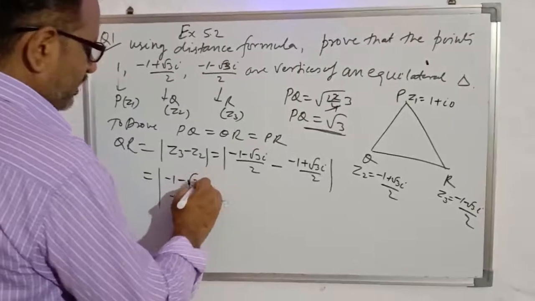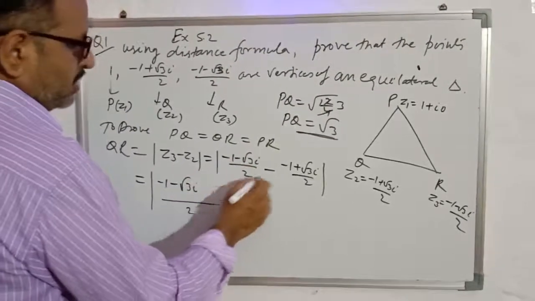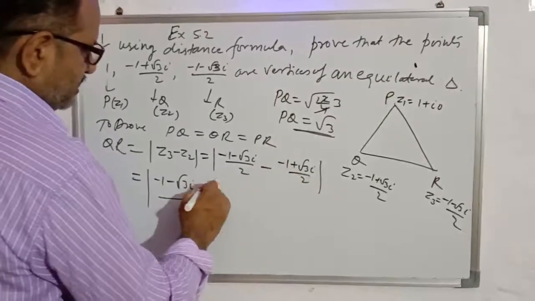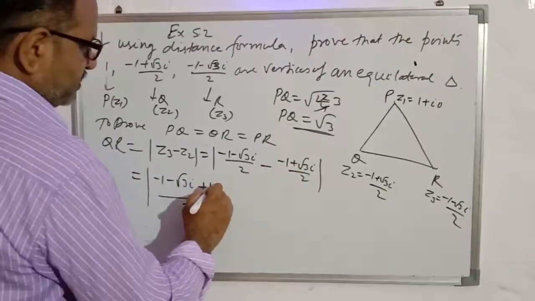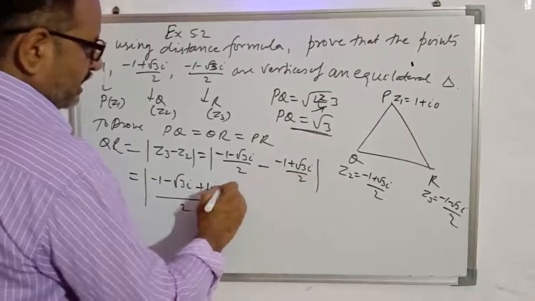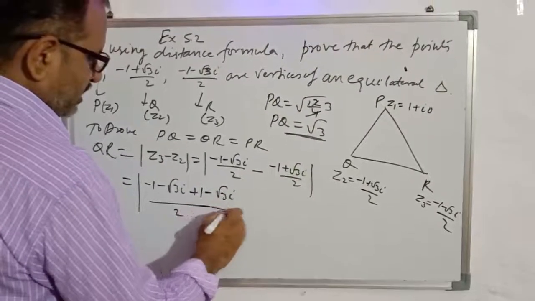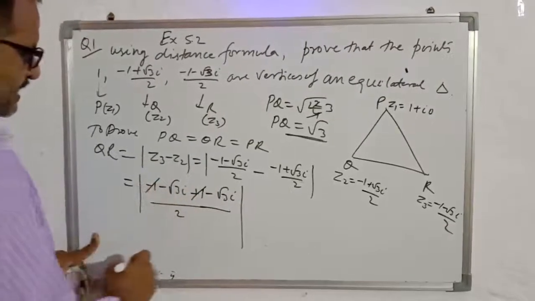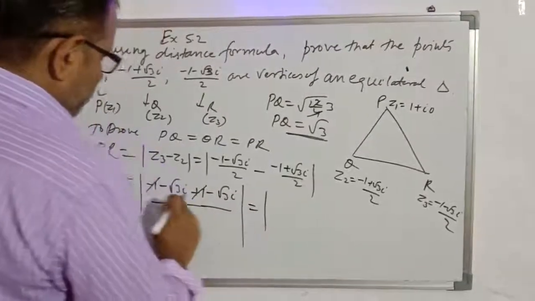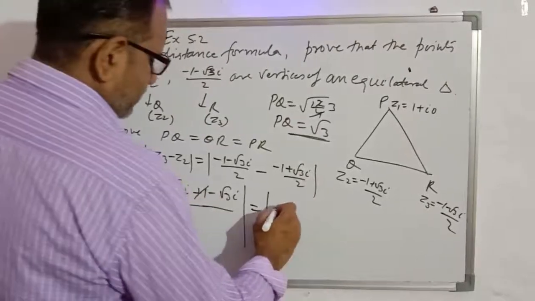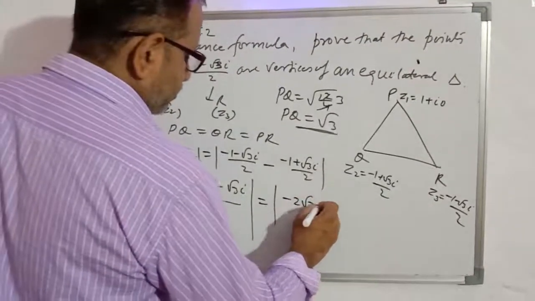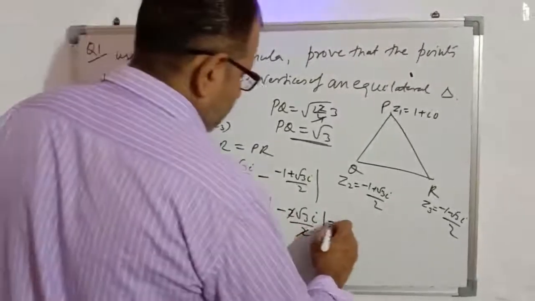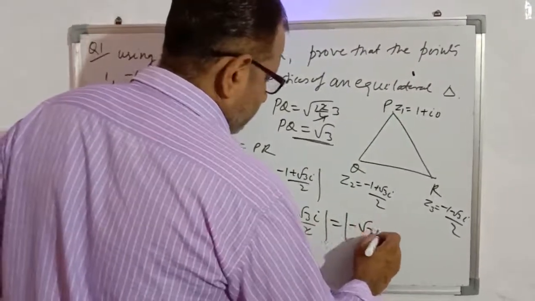Minus 1 minus root 3i. Here minus sign is there, so sign will be changed. Minus into minus, plus 1. Minus into plus, minus root 3i. Plus 1 minus 1 cancel. Minus root 3i minus root 3i, minus 2 root 3i by 2. 2 cancel. It is minus root 3i.